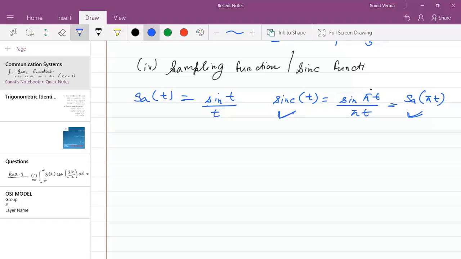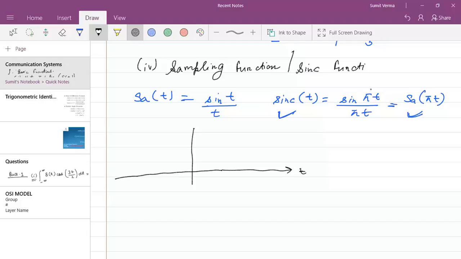I want to sketch the graph of this sinc function. Let's take our x and y axis, which is the time axis. If I want to sketch this signal, we can see it is a sinusoidal function, but it will be a sinusoidally decaying function.